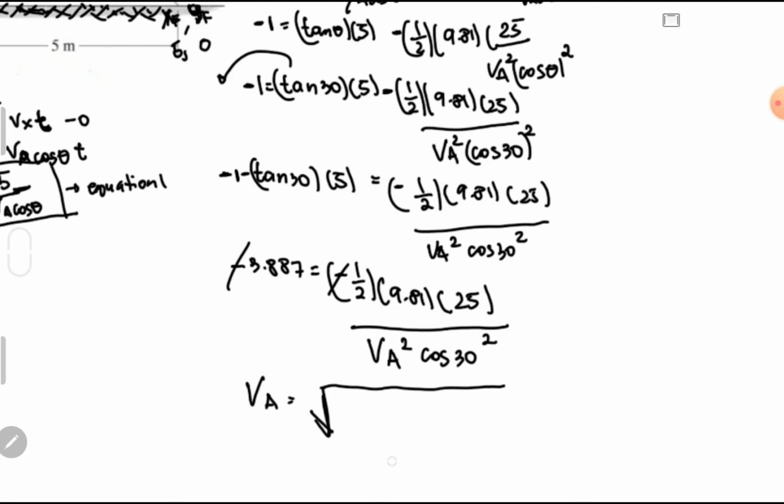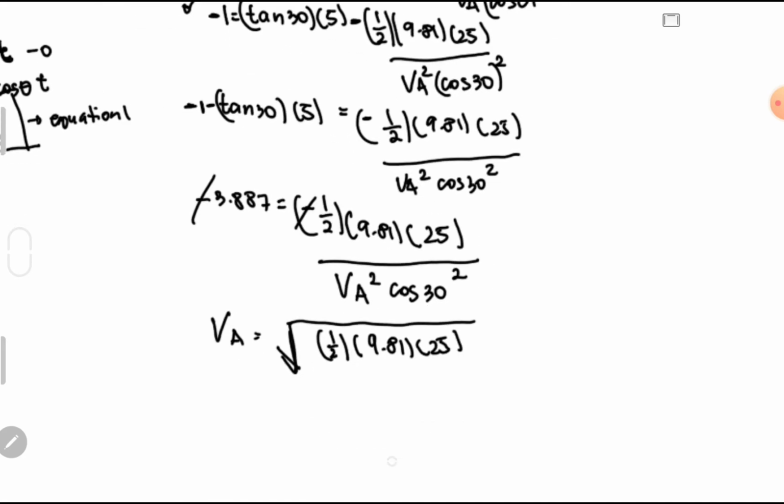It's similar to what we did earlier, right? va is equal to the square root of 1 half multiplied by 9.81 multiplied by 25 divided by cosine 30 squared multiplied by 3.887. So what is the answer? Square root of 1 half multiplied by 9.81 multiplied by 25 divided by cosine 30 squared multiplied by 3.887. When you store the value, check if it is negative, because you will get a math error. The negative should cancel out, since negative divided by negative is positive 1.